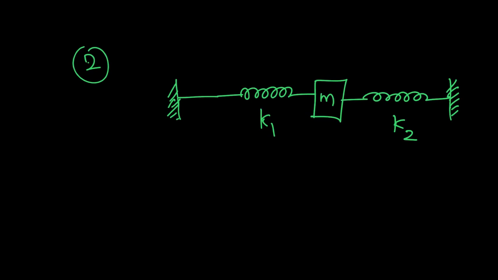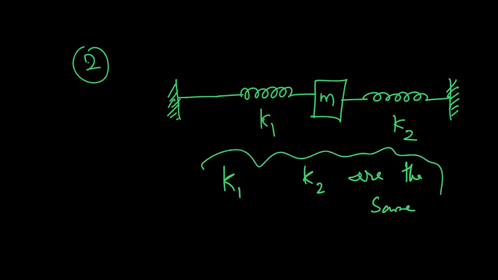Why? Because the deflection felt by the springs K1 and K2 are the same. I told you that's a key thing we should remember. If springs are connected in series, then the force acting in individual springs are the same, and if two springs are connected in parallel, the net deflection seen by the springs are the same.